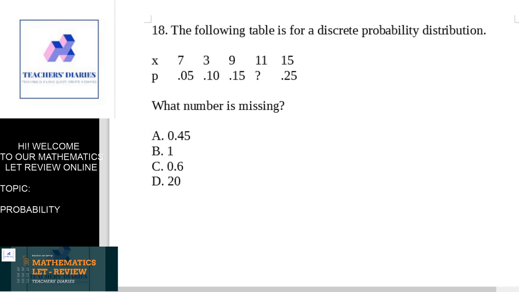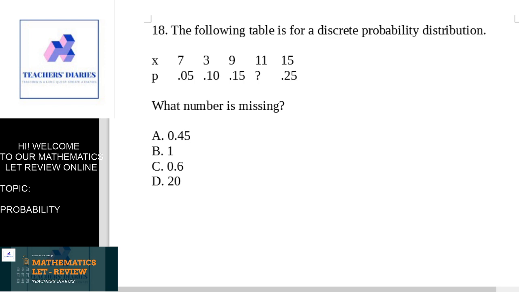Next, number 18. The following table is for a discrete probability distribution. For x in the first row, we have 7, 3, 9, 11, and 15.